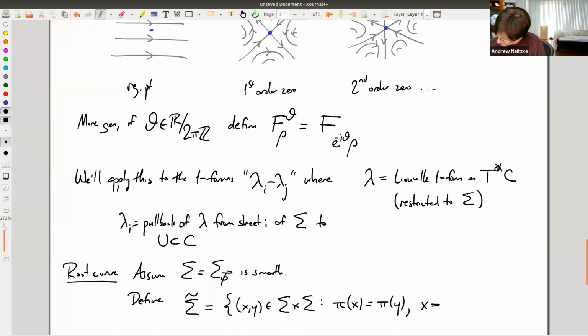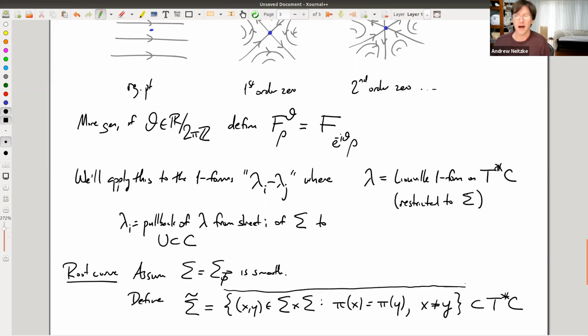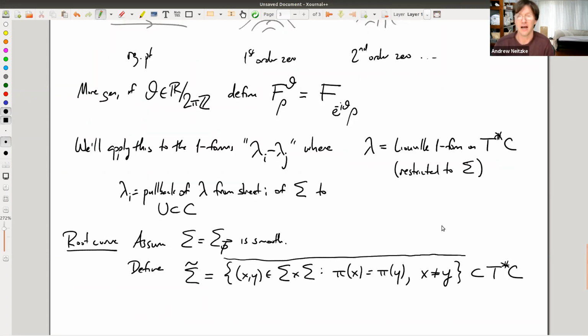Now, though, I want to delete the diagonal. So that's sitting inside of the cotangent bundle. And now I want to take the closure. And we'll call that the root curve. So what is this in practical terms?